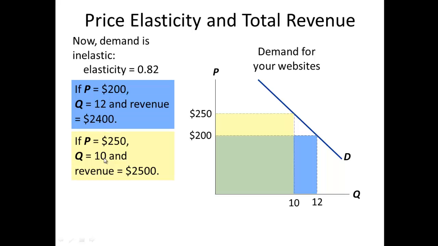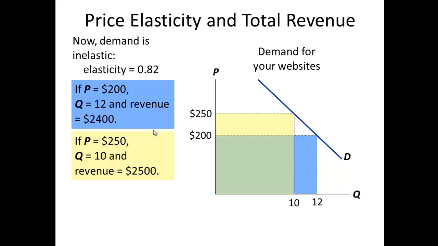Price times quantity, 250 times 10 is 2,500. And if you notice, the demand curve is steeper at this portion of the demand curve. The slope is steeper. That means it is more inelastic, and that is confirmed because we have an elasticity of less than 1.